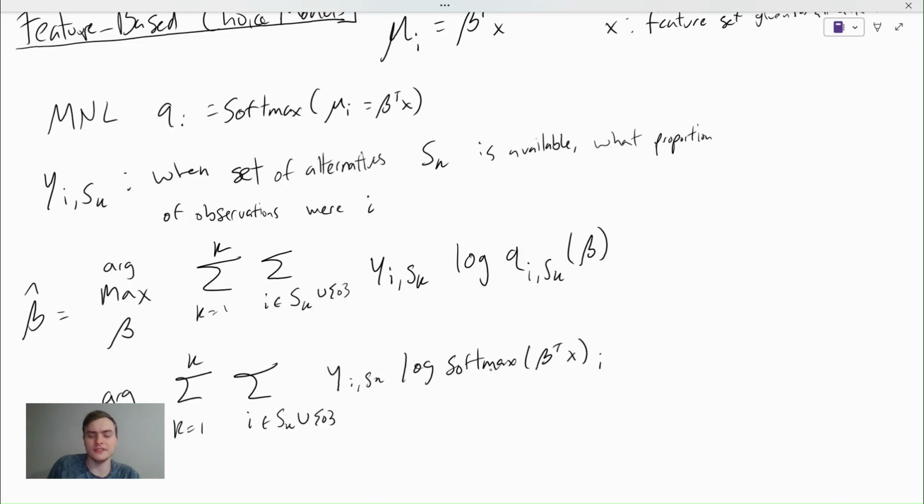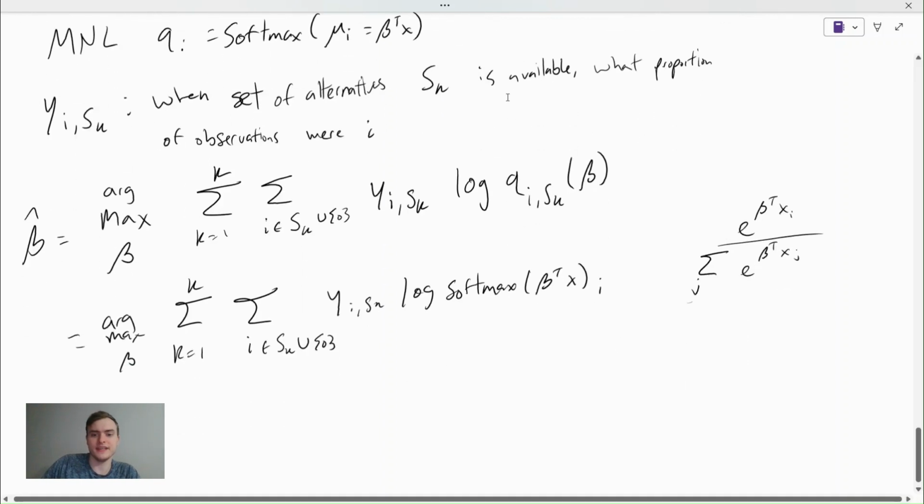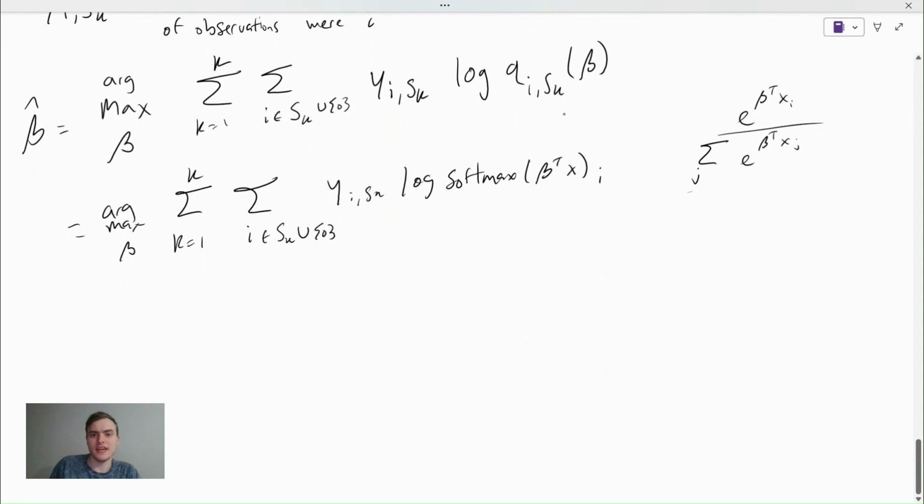So remember in our notation, the softmax i, we have e to the beta transpose x_i over the sum over all j of e to the beta transpose x_j, including the i in the denominator, right? So that's what the softmax function gave us, and that was just how we got the choice probabilities using MNL.